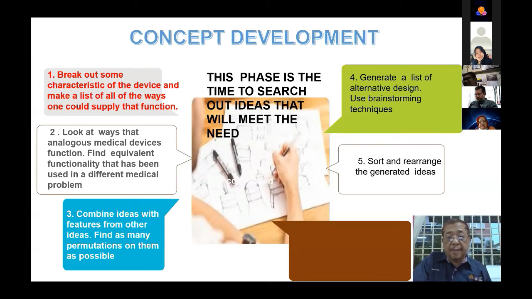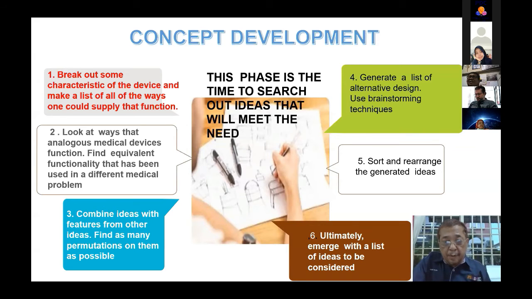And lastly, emerge with a list of ideas to be implemented, which is the one from step 5. What you do, you take the 5 or 4 best ideas from there and try to incorporate into the design of the product.